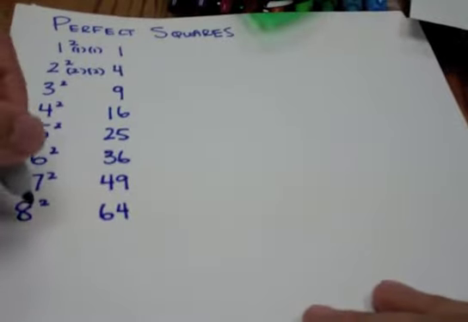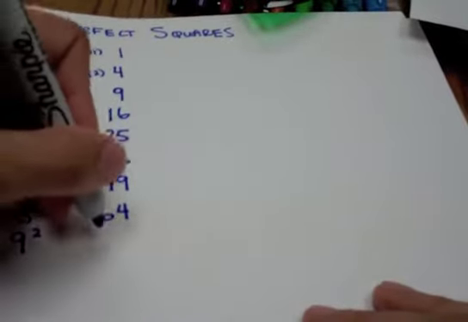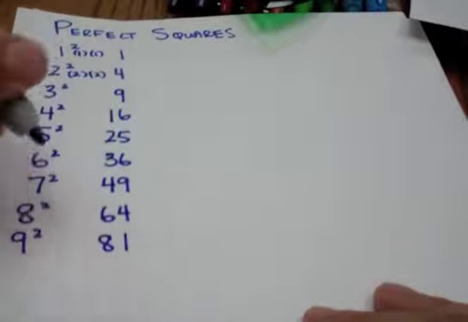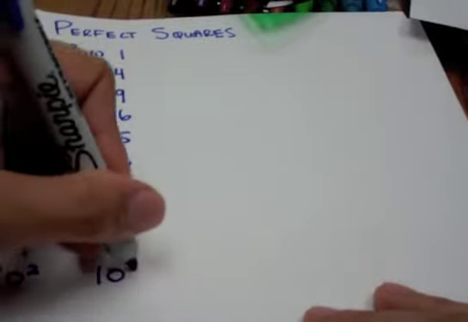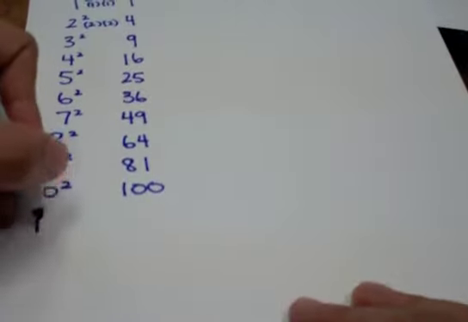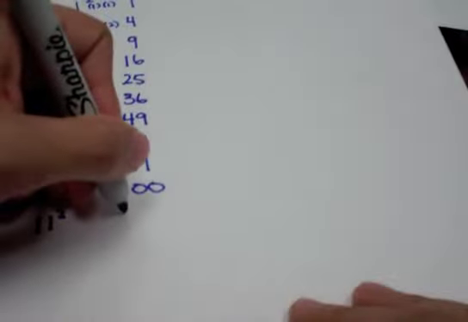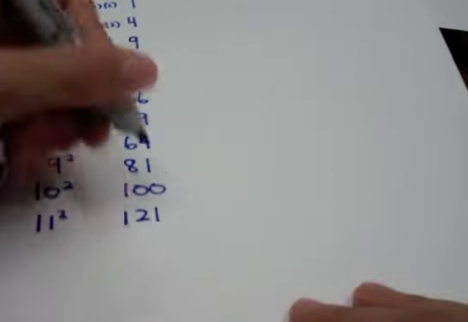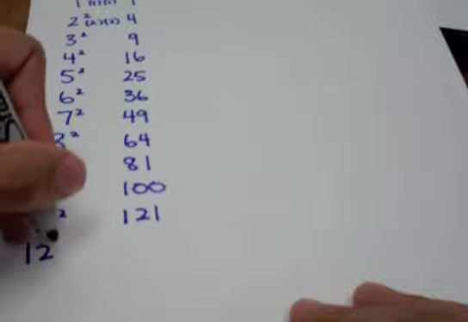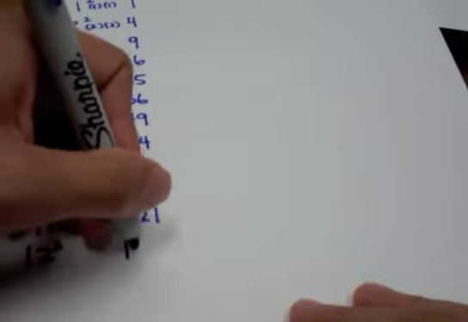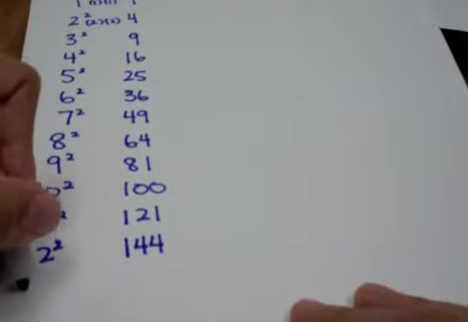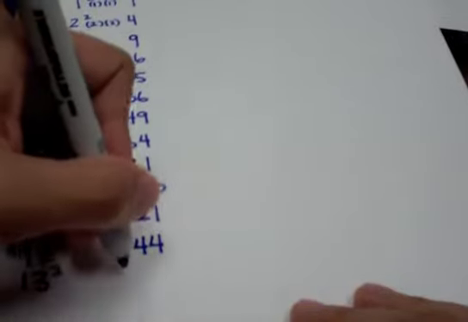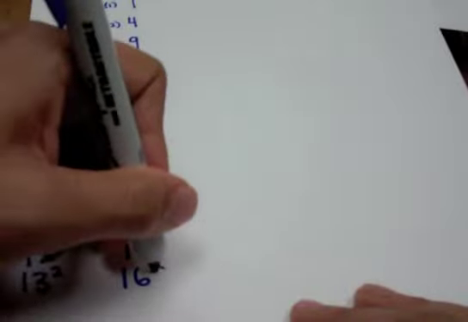Let's see. 9 squared is 9 times 9, which is 81. 10 squared, which is 10 times 10, which is 100. 11 squared, which is 121. 12 squared, which is 12 times 12, which is 144. And 13 squared, which is 169.